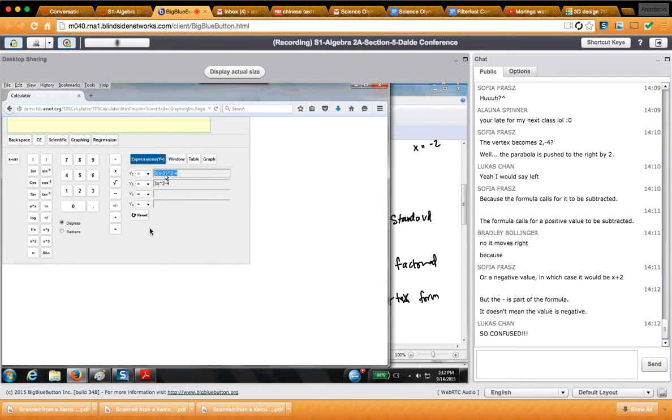This -2 in here actually moves it to the right 2 units. If there were a +2, it would move it to the left 2 units. The opposite of what you would think. Moving things right and left is a little bit funky, but it's actually just opposites. It's opposite day in terms of that.